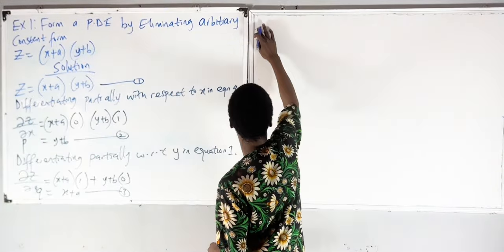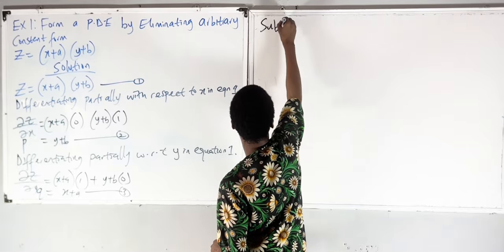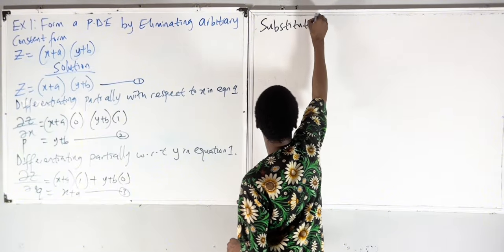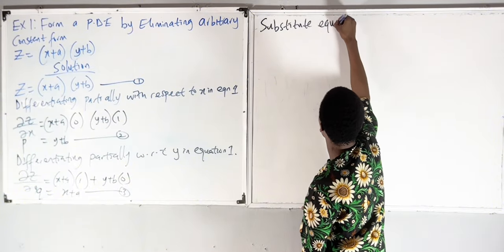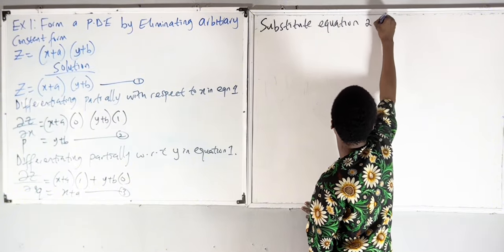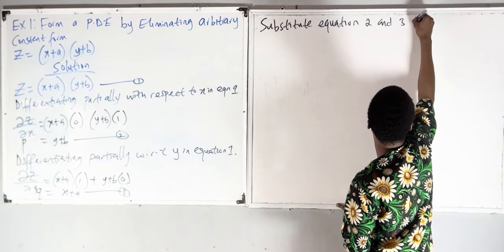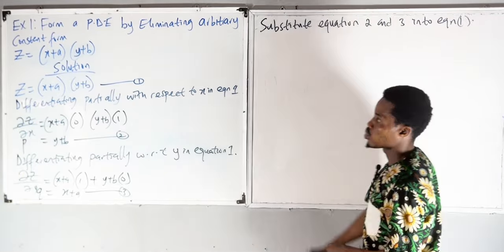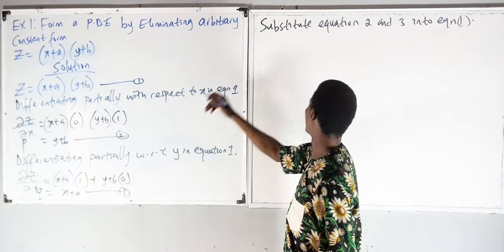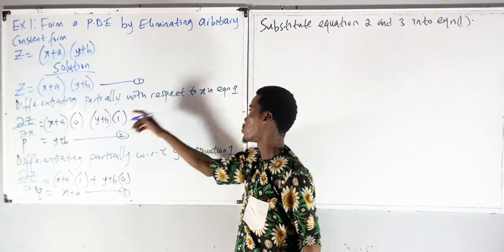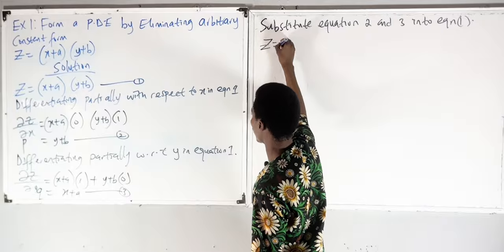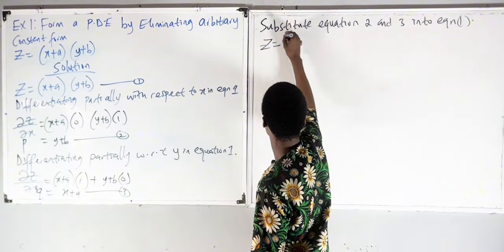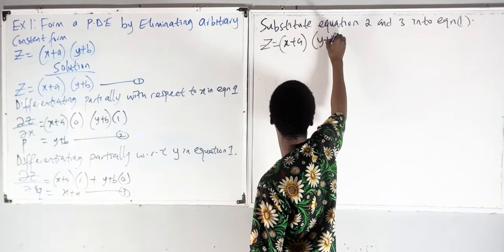So let me substitute equations 2 and 3 into equation 1. What am I going to have? Our equation 1 is z is equal to (x plus a)(y plus b).